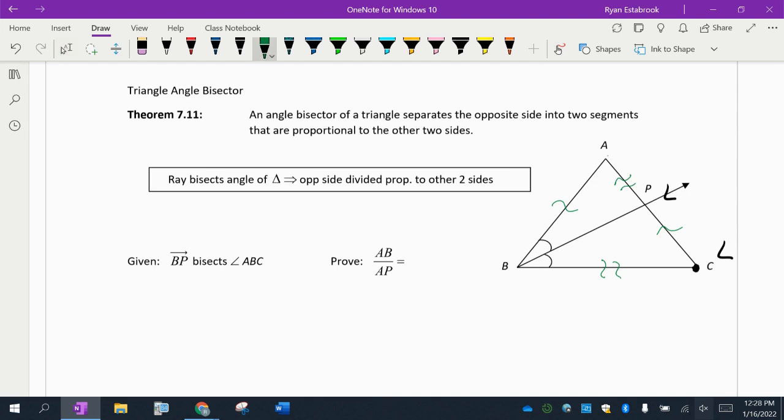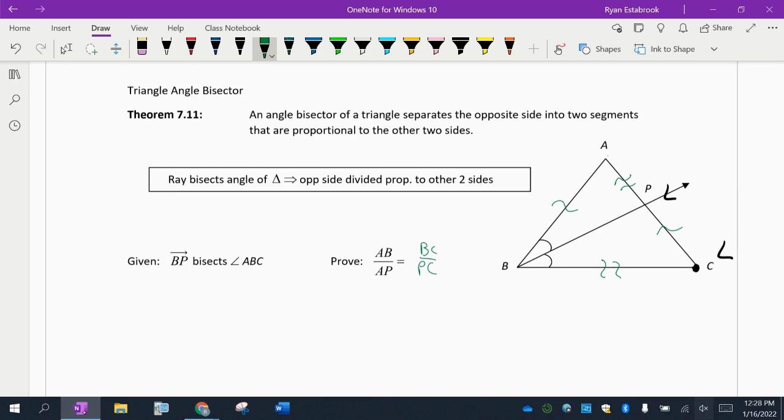We're not actually going to fully prove it in this video, but what I'll tell you is that when you have a triangle and there's an angle bisector of a triangle, it splits this opposite side in a proportion such that AB divided by AP is equal to BC divided by PC.